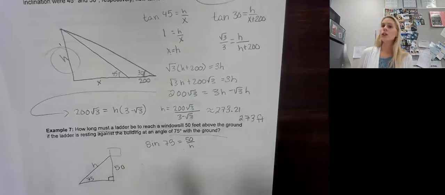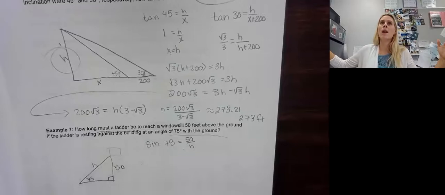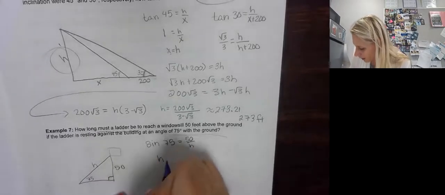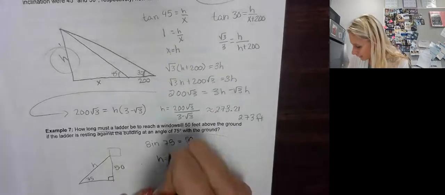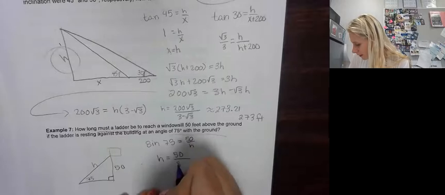I don't want to start using irrational decimals until the very end. Okay, so I'm going to solve for h first, and then we're going to plug it in all on our calculator. So I would multiply both sides by h, and then divide by sine 75. So I get h equals 50 over sine 75.